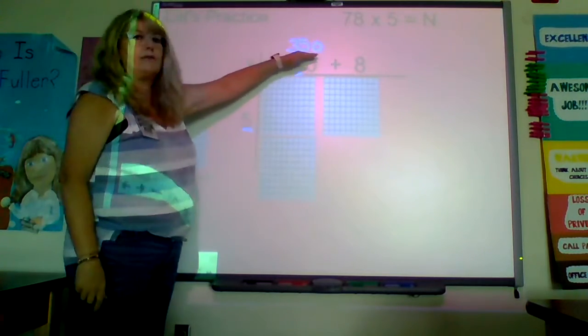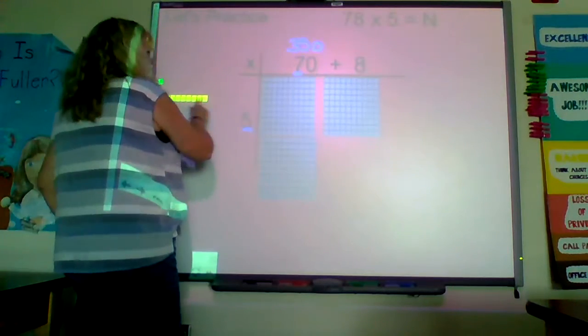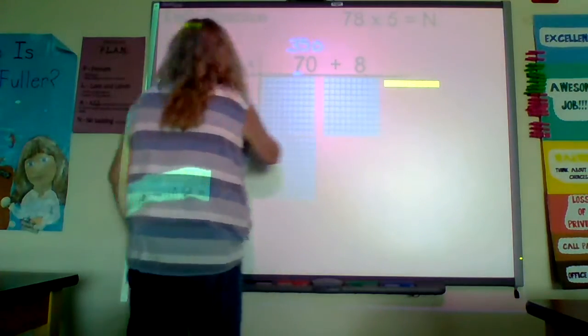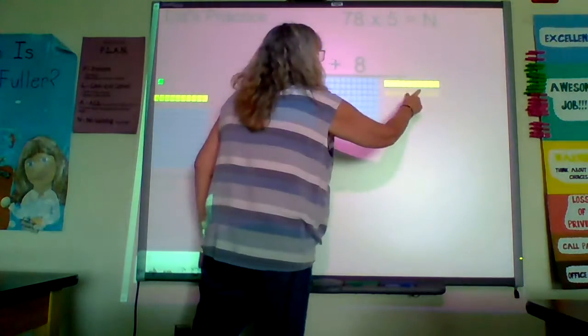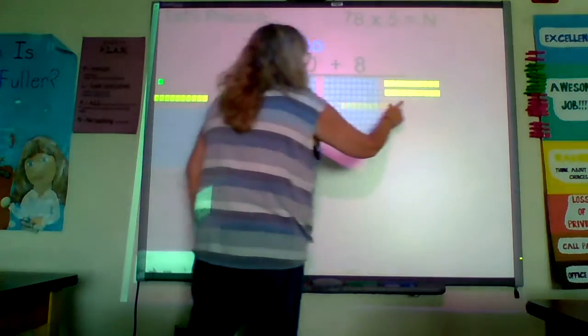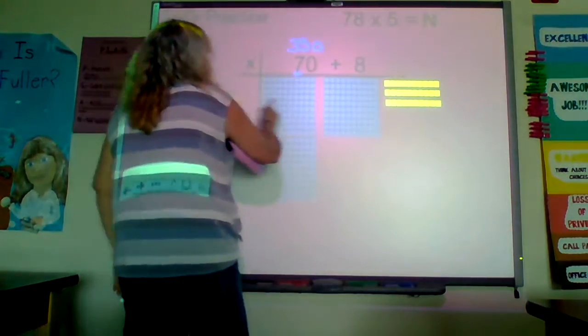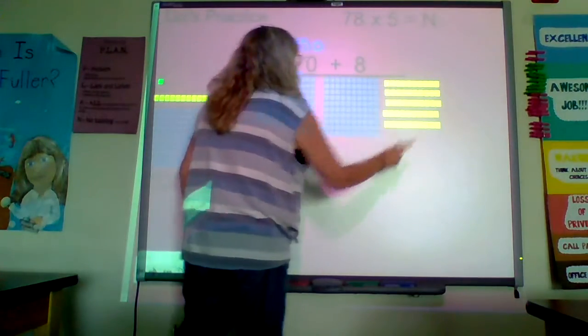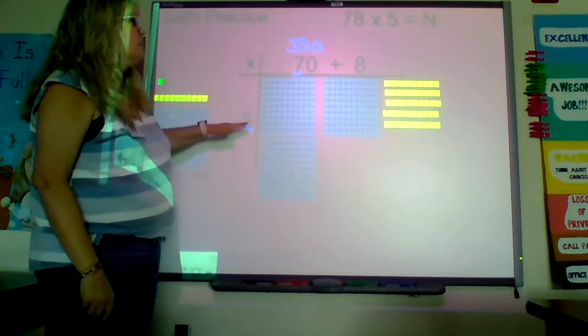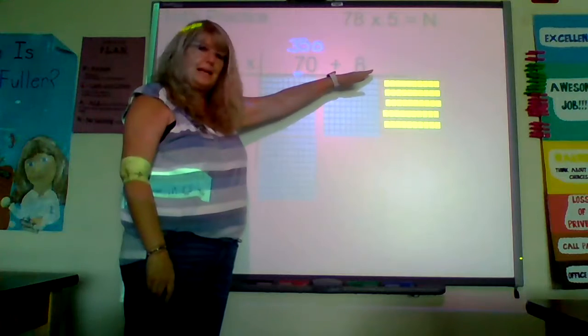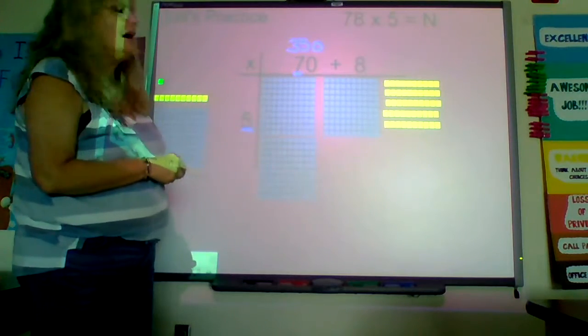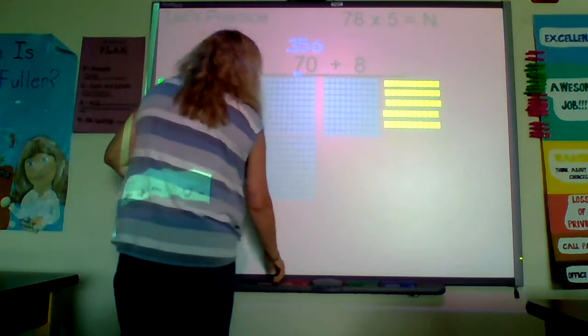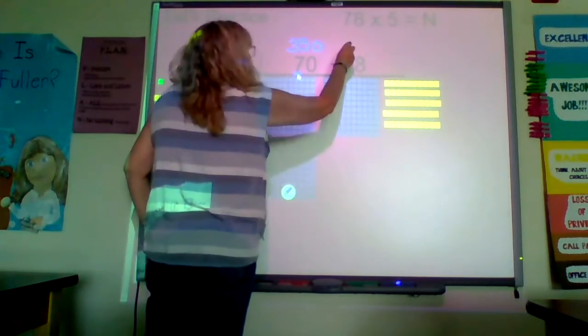Now I have to bring over 50, so I'm going to bring over 5 rods: 10, 20, 30, 40, 50. Okay, now I'm going to multiply 5 times 8. And I know that 5 times 8 is, and if you said 40, you are correct.